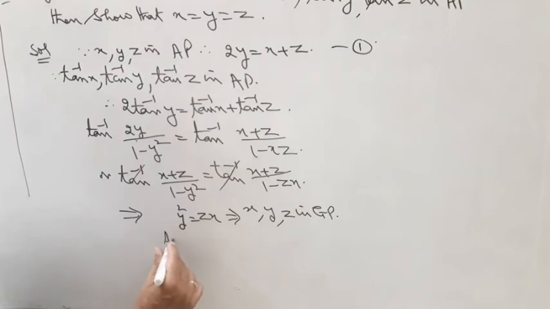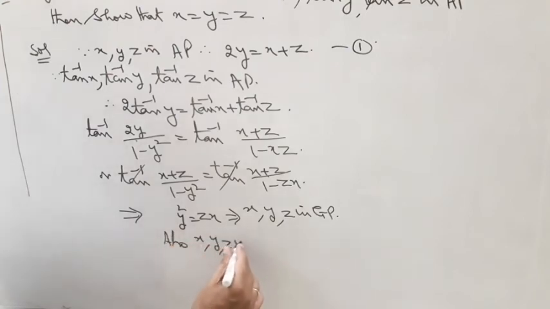Also x, y, z are in AP. Therefore, x is equal to y is equal to z. There is a result behind it.